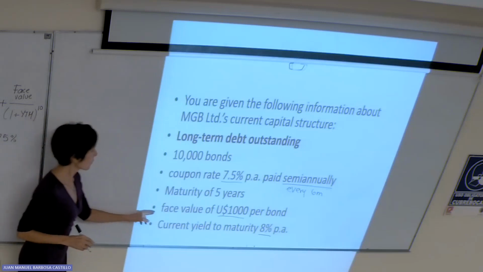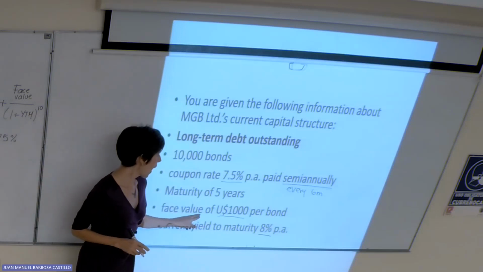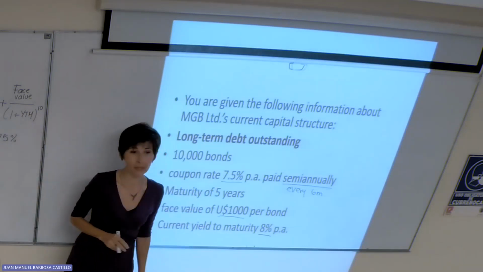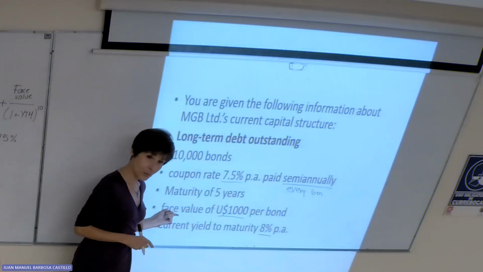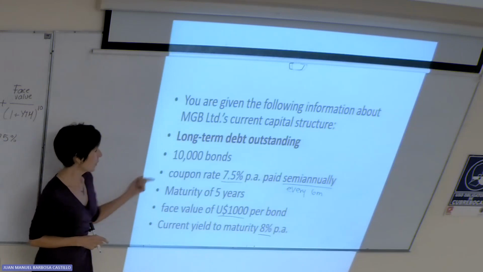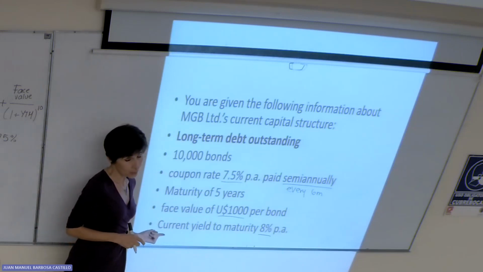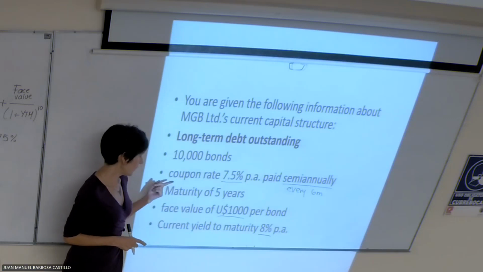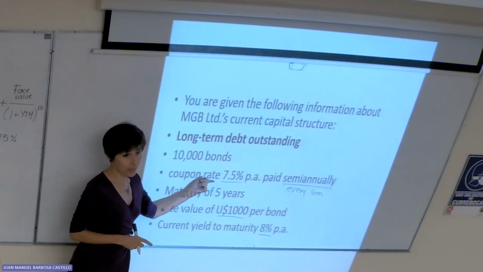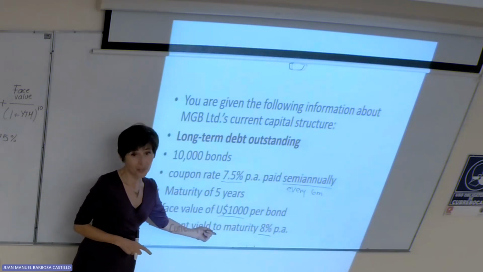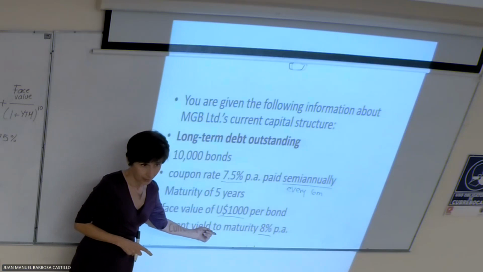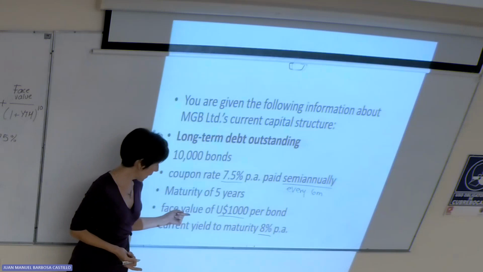For the price to be equal to the face value, how should the coupon rate and the yield to maturity relate? They should be equal. If the bond pays a coupon rate greater than the yield to maturity, the price will be greater than the face value.